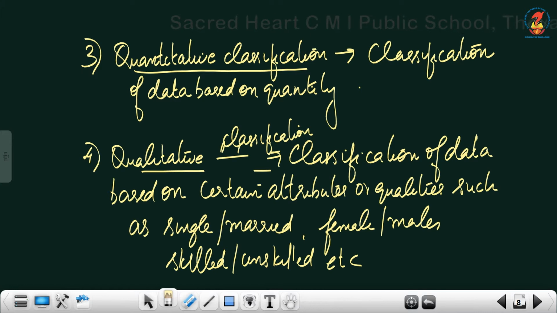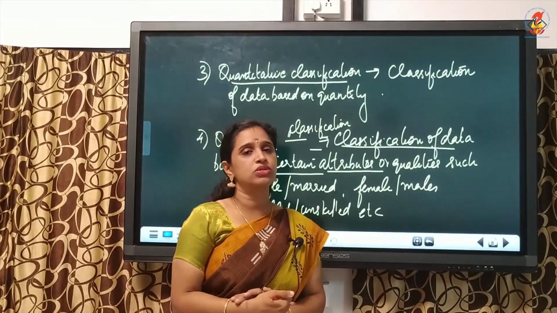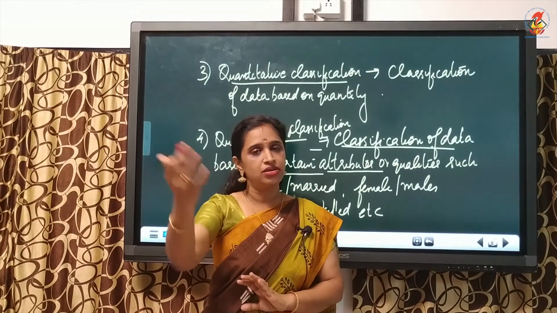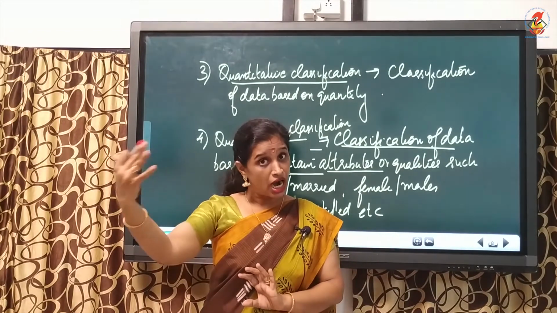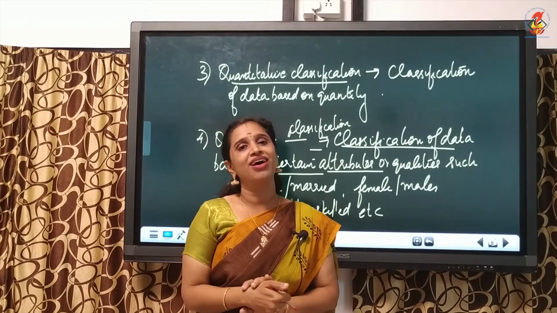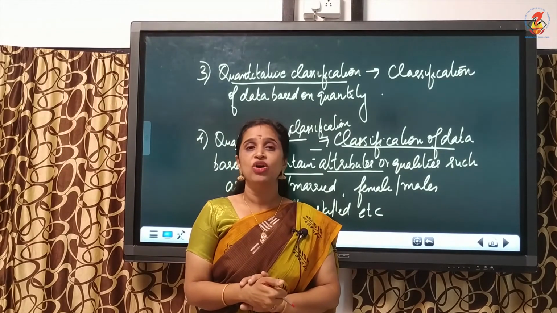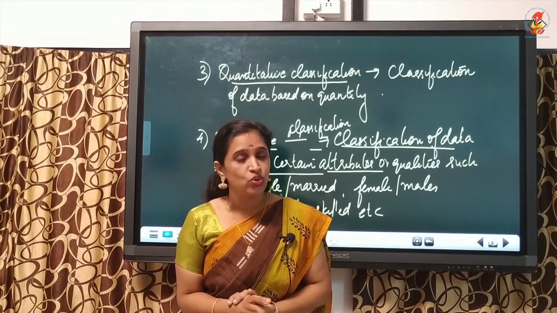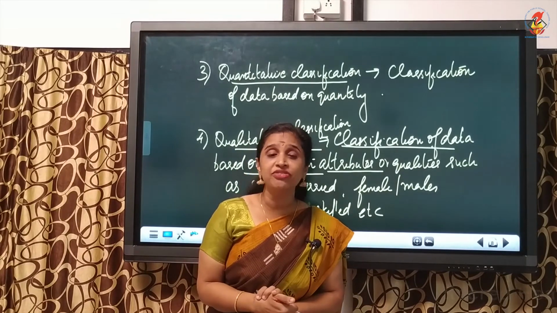Qualitative classification means the classification of data based on certain attributes or qualities such as male, female, single, married, skilled, unskilled. All these are the attributes or qualities. So, if we arrange the data on the basis of those qualities or attributes, we call it qualitative data.